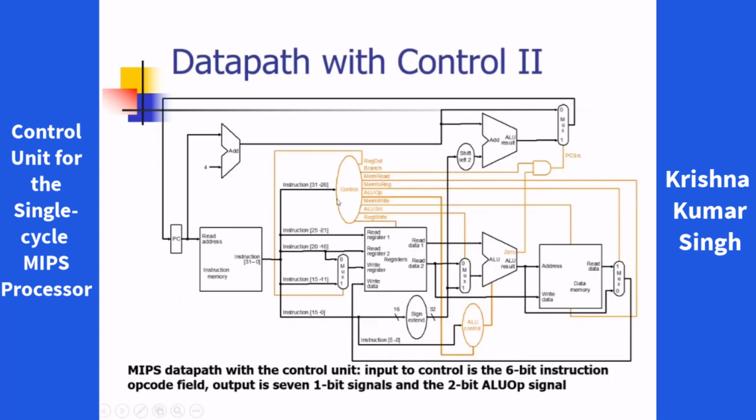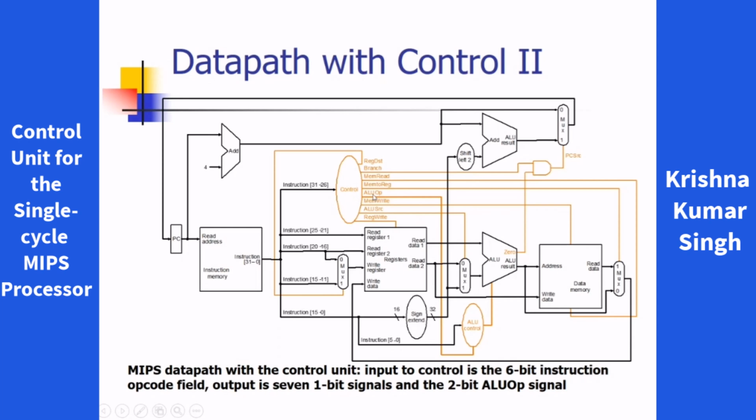So as you can see, we have a control unit and the control unit receives the opcode part of the instruction, the bits between 31 to 26. These 6 bits come here and the control unit generates different control signals.